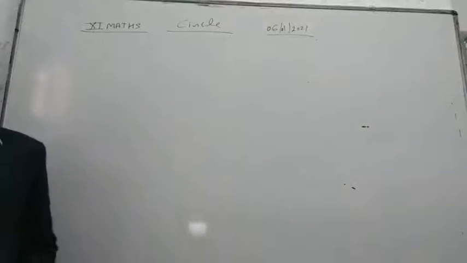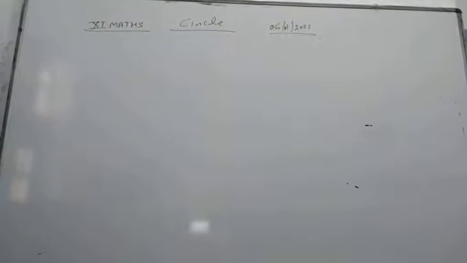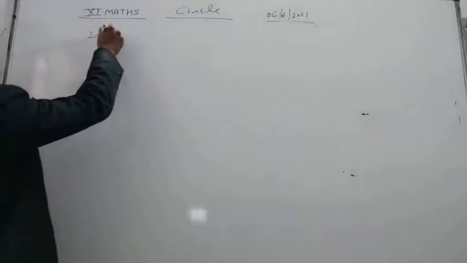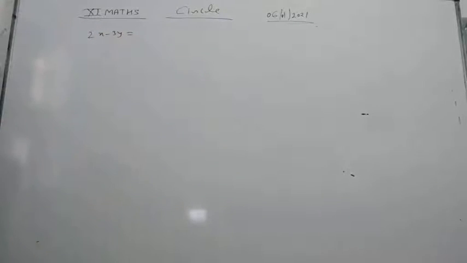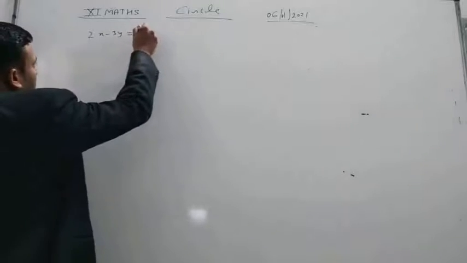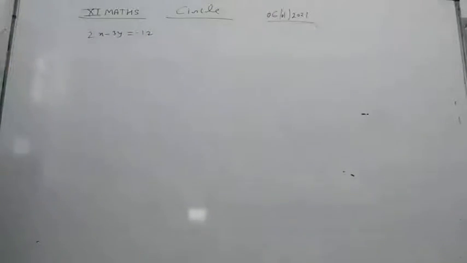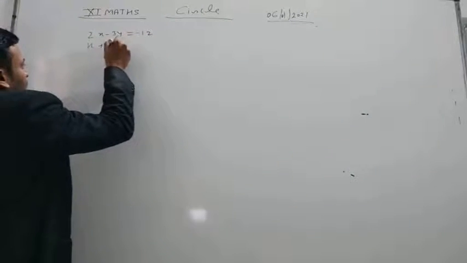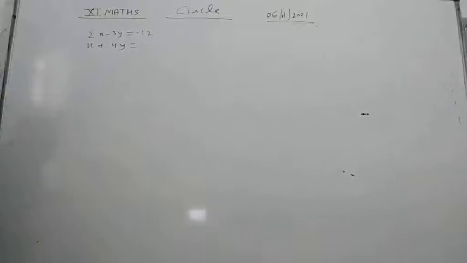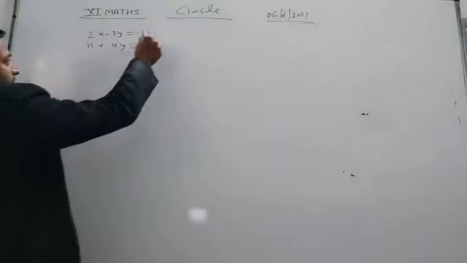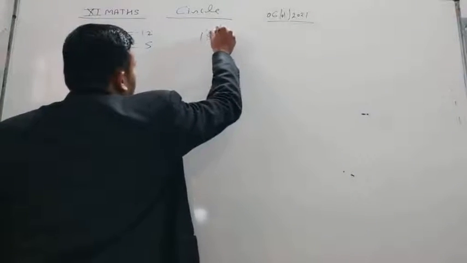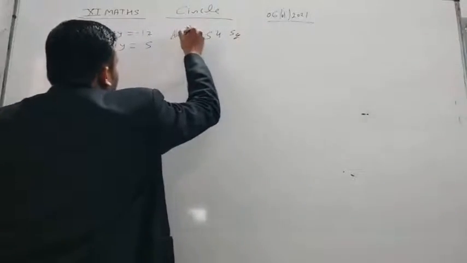Our first question is, find the equation of circle whose diameters are 2x minus 3y is equal to minus 12 and x plus 4y is equal to 5, and area is 154 square unit.